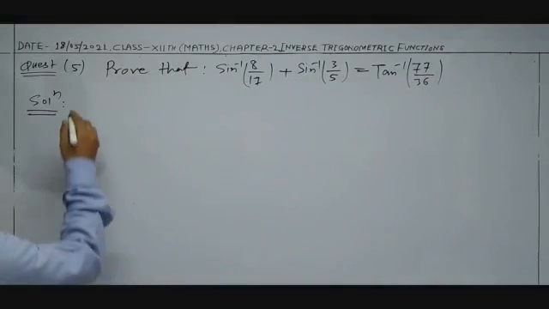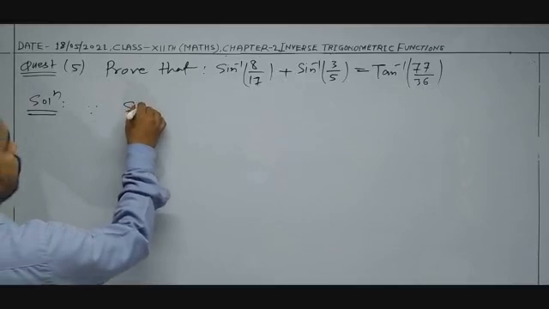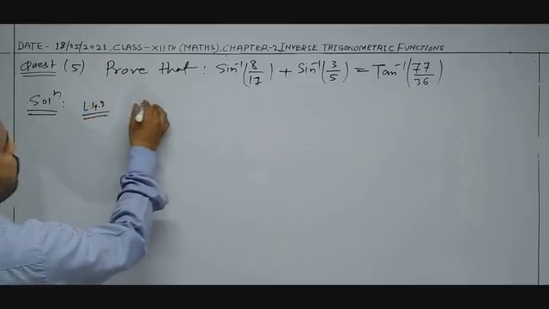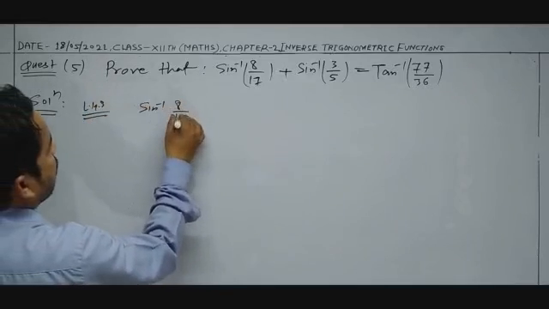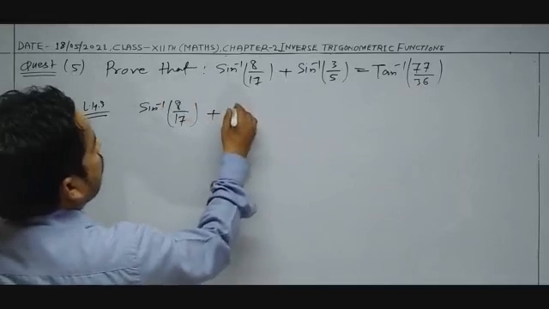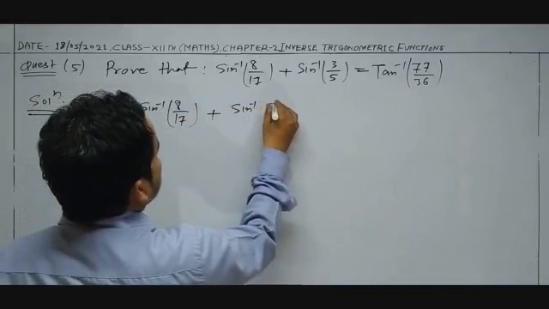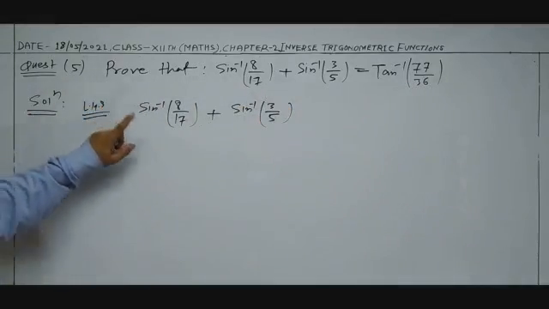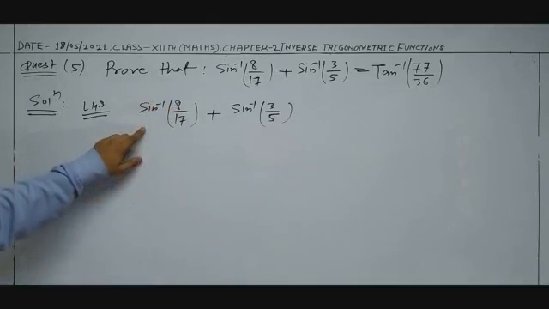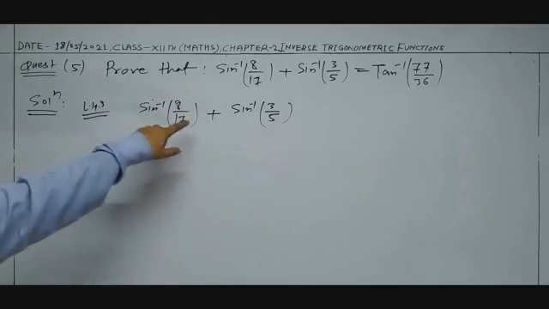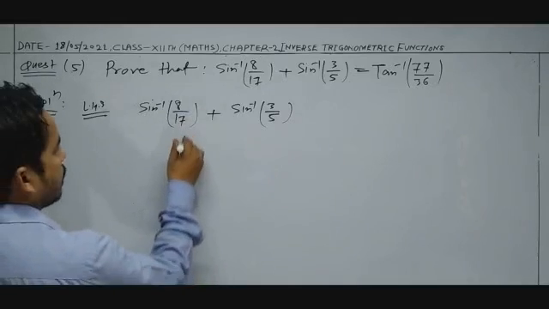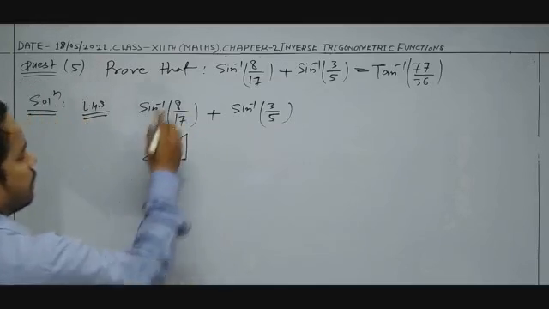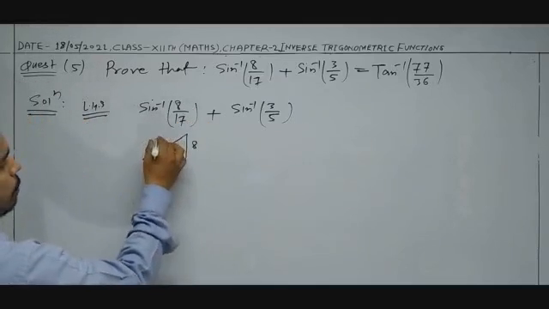So the left hand side, LHS, is sin inverse 8 by 17 plus sin inverse 3 by 5. Draw a triangle for sin inverse 8 by 17. Sin inverse 8 by 17 means perpendicular upon hypotenuse, that is 17.